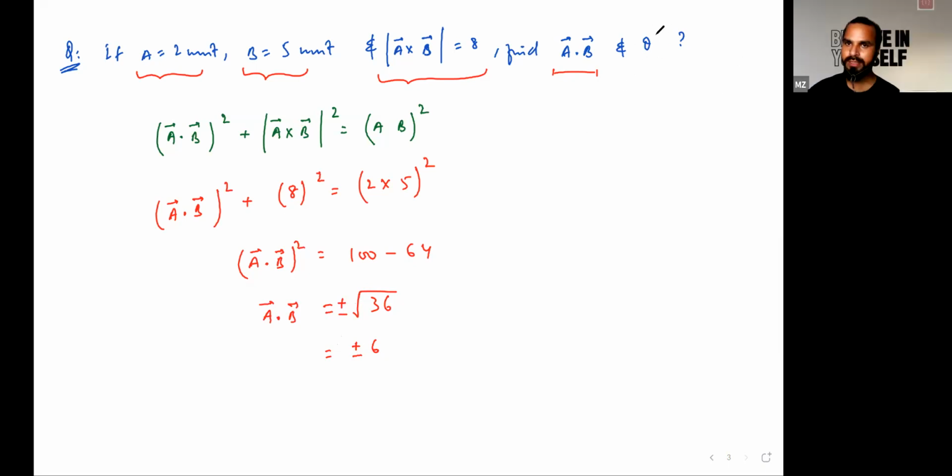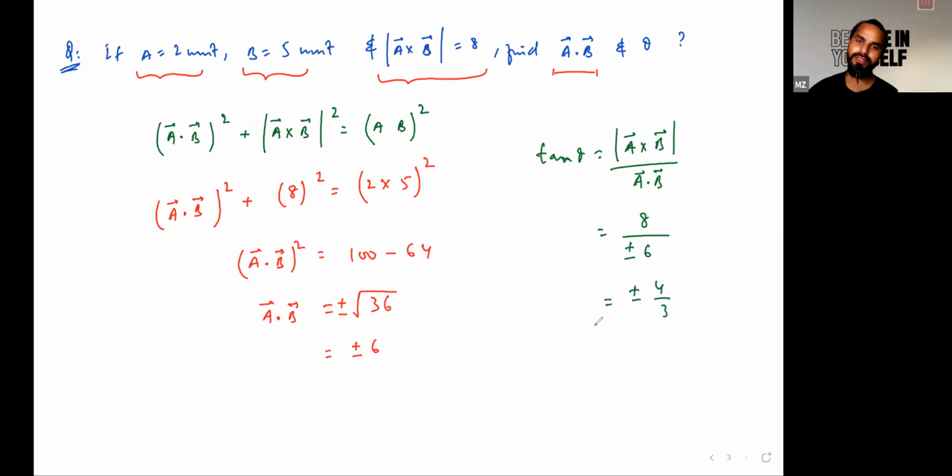Now we have to calculate theta. So we have a relation: tan theta is equal to A cross B mod divided by A dot B. A cross B mod is nothing but 8 and A dot B is nothing but plus minus 6. So we can write plus minus 4 by 3 is equal to tan theta.